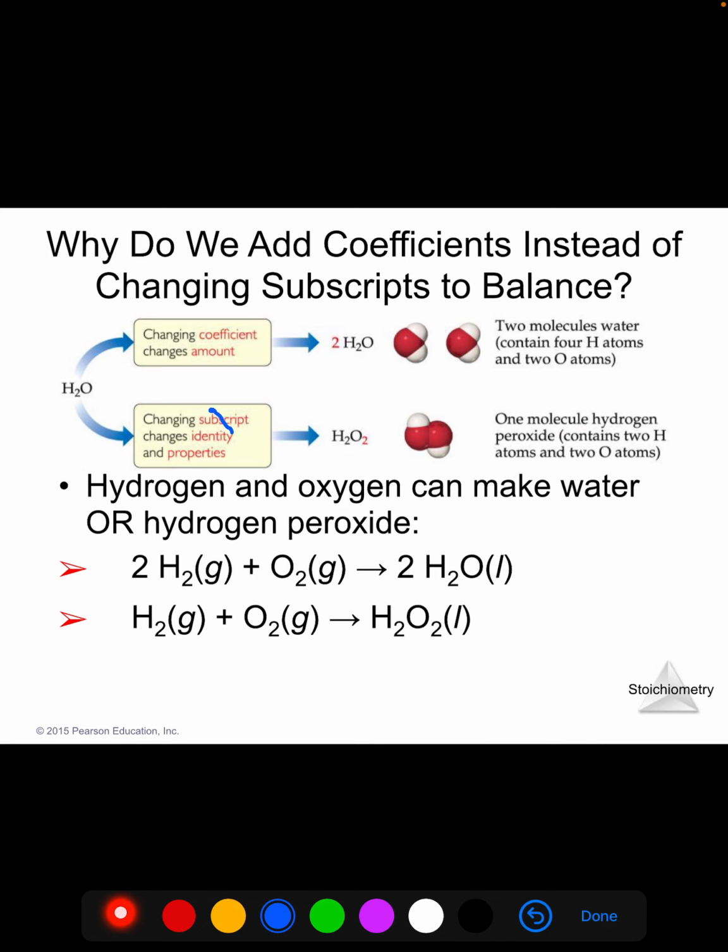That's a big no-no, because if you do that in your reaction, you will be changing the substance. So if you want to, for example, change, I guess their example here is water versus hydrogen peroxide. Instead of H2O, and of course the 1 here is understood, we make H2O2. Well, we'll make a totally separate substance.